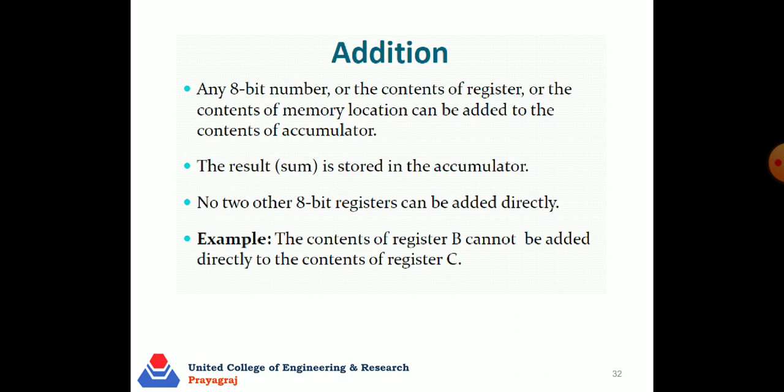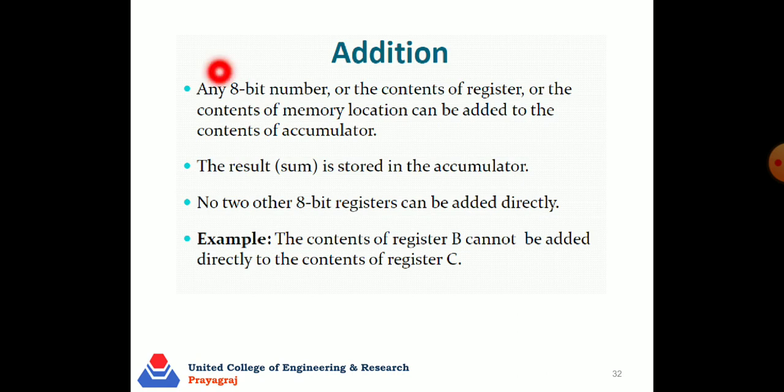A few points we have to remember in arithmetical instructions. As we discussed earlier, the accumulator is a part of the ALU, so most results are stored in the accumulator because it is directly connected to the arithmetical logical unit.